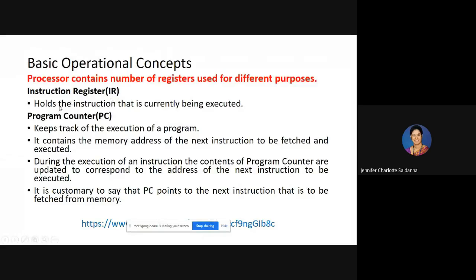The instruction register, IR, holds the instruction that is currently being executed. The program counter, PC, keeps track of the execution of a program. It contains the memory address of the next instruction to be fetched and executed. During the execution of an instruction, the contents of the program counter are updated to correspond to the address of the next instruction to be executed.